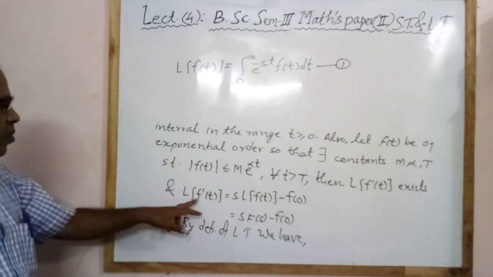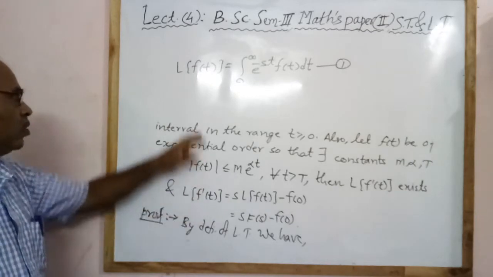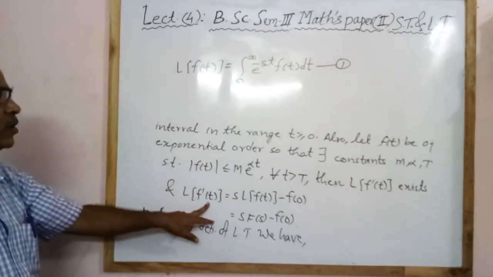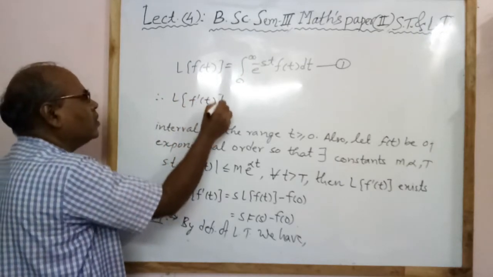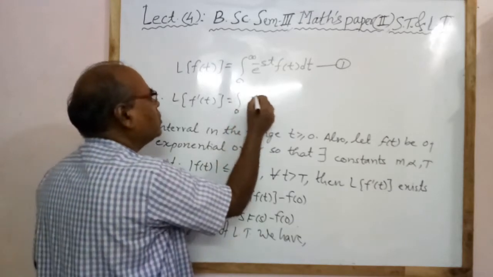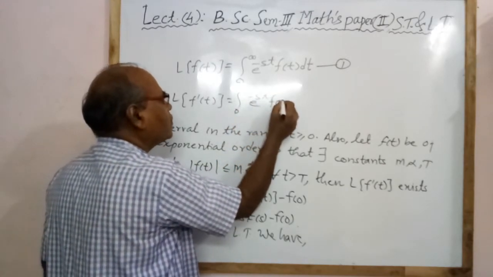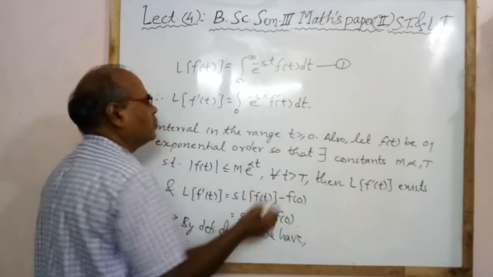Now we have to find Laplace of f dash of t. We have to prove this formula. Therefore, in place of f of t, we replace the function f of t by f dash of t. Laplace of f dash of t equal to integration 0 to infinity e to the power minus st f dash of t dt.